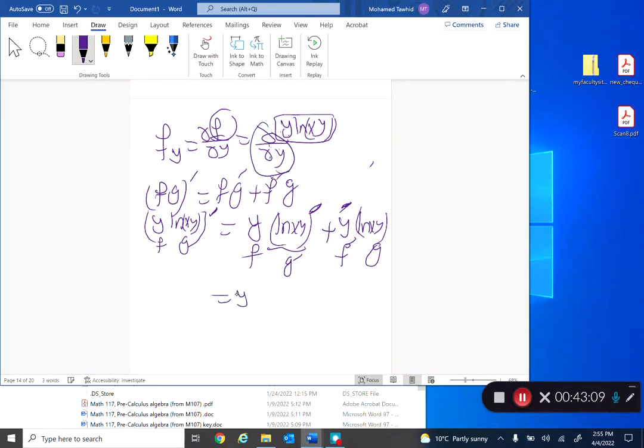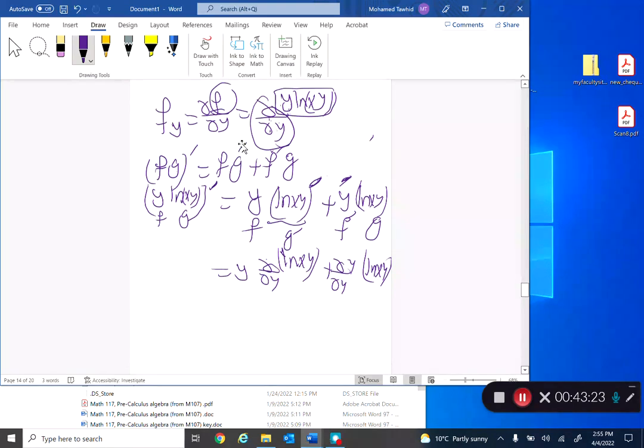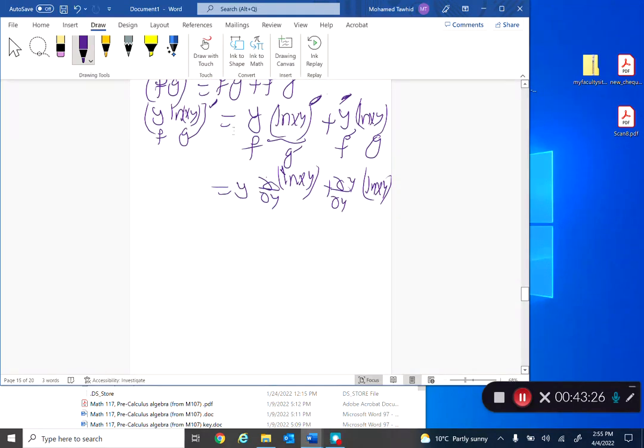So you can write it like this: y times the partial derivative with respect to y of ln xy, plus the partial derivative of y, which is 1, multiplied by ln xy. What is that? That is 1.